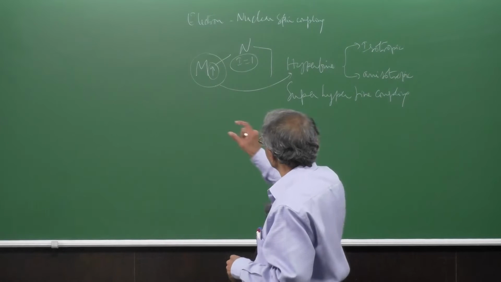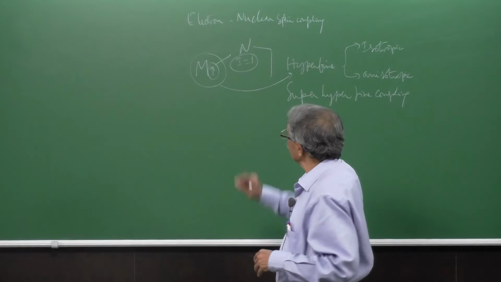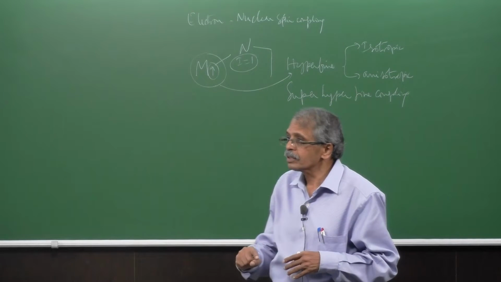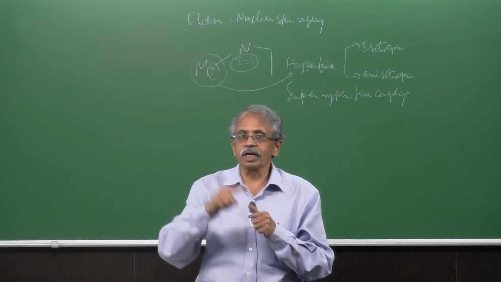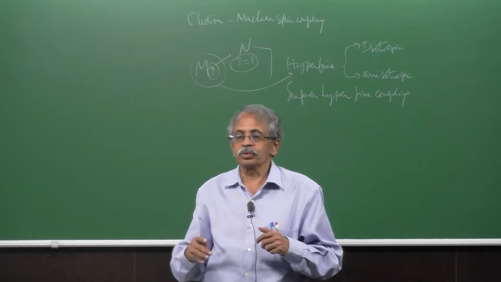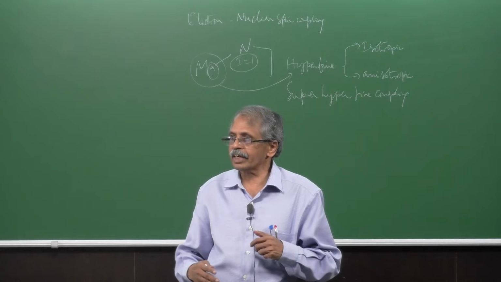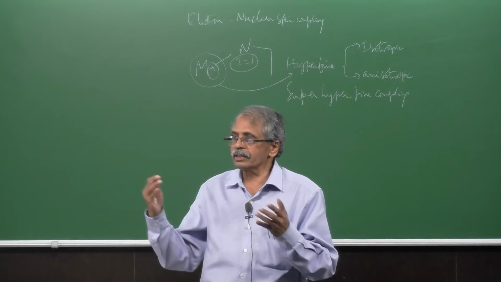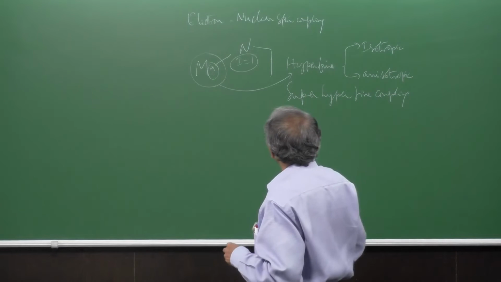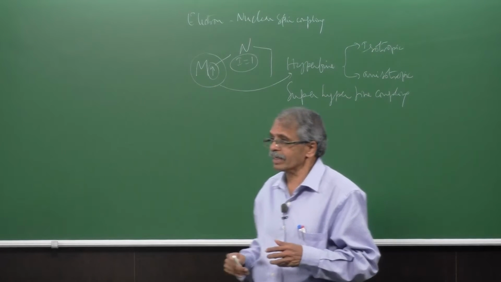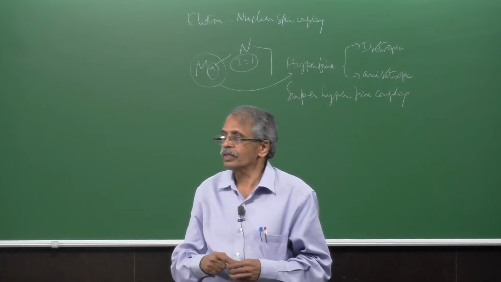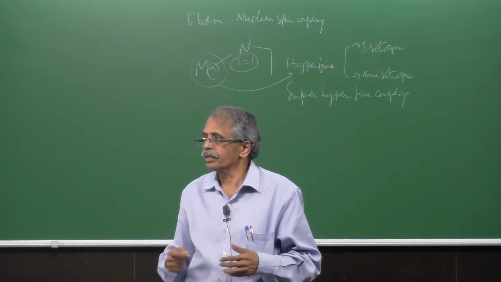That s character is the one which is felt at the neighbor nucleus, and thereby the electron nuclear coupling will exist. So the greater this s character at the nucleus, the greater is the coupling. Therefore this coupling value will be dependent on the extent of this electron.